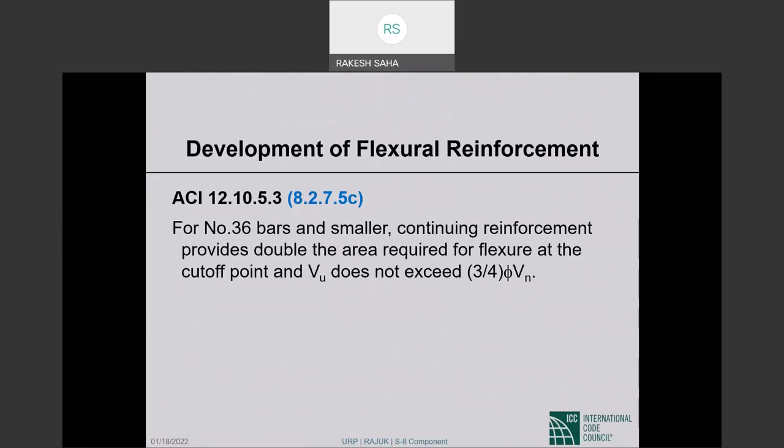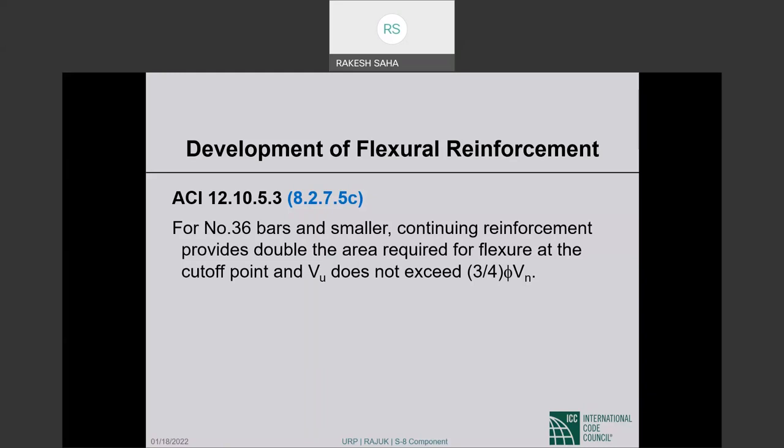For number 36 bars and smaller, continuing reinforcement provides double the area required for flexure at the cutoff point, and V sub U does not exceed, now it is 3/4 rather than 2/3, phi times V sub N. So the first one was V sub U shall not exceed 2/3 phi times V sub N. Pretty simple, straightforward.